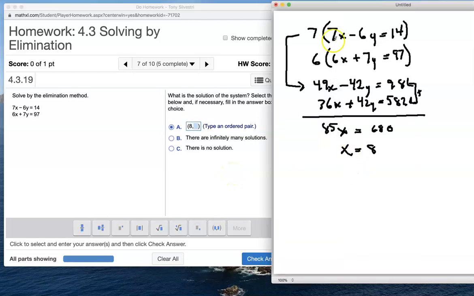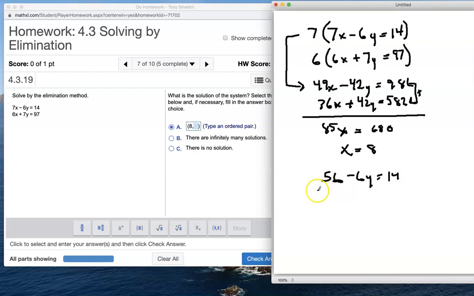Now, what do I do to get the y? Well, you try to pick an equation that looks easy to deal with, and one is no better than the other, so I'm just going to go forward with the first one. Okay. Plug 8 into x up here, so 7 times 8 is 56. Minus 6y equals 14.